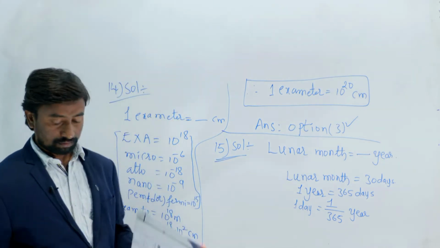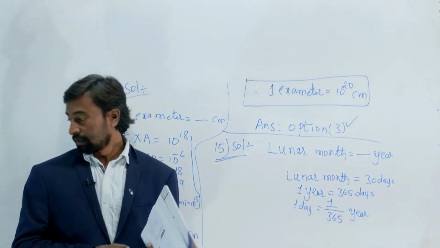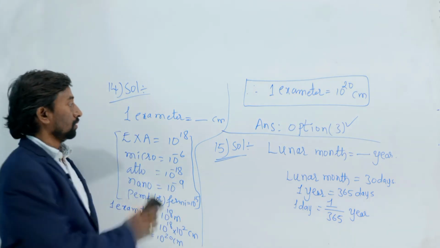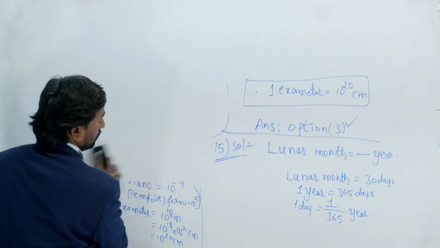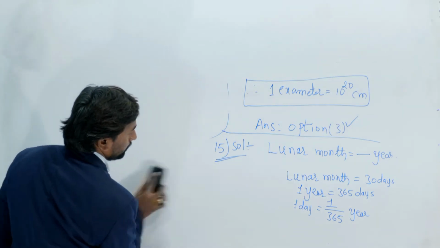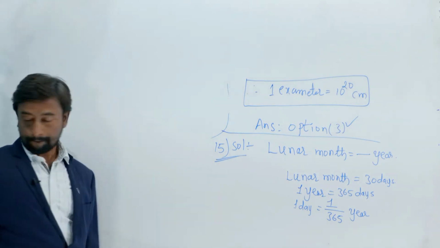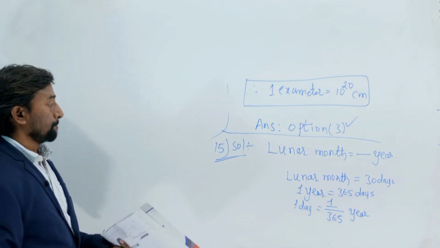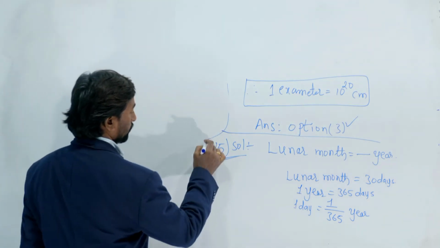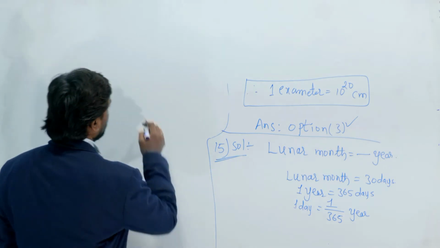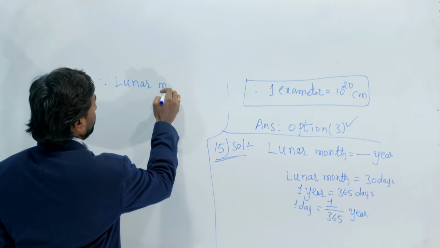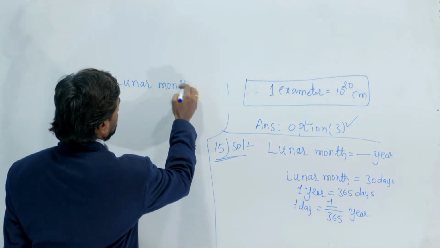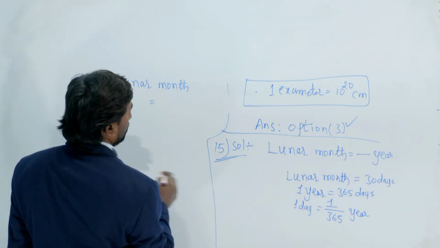I'll leave it here. 1 lunar month is equal to, so therefore lunar month is equal to 30 days, no?